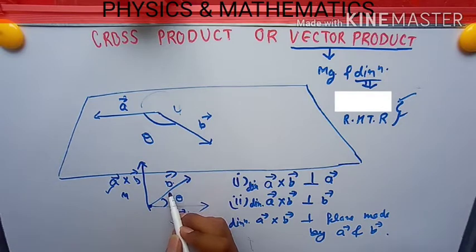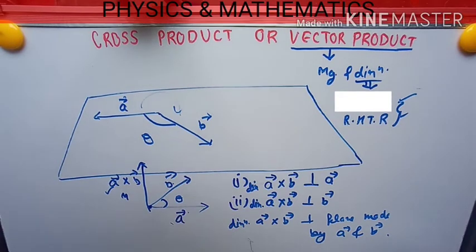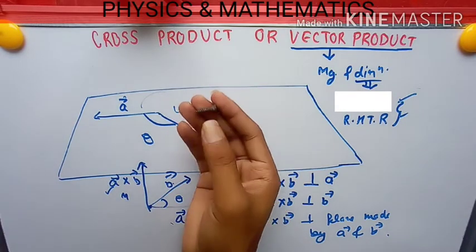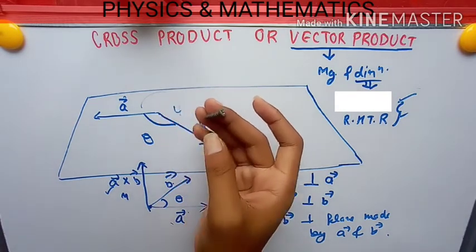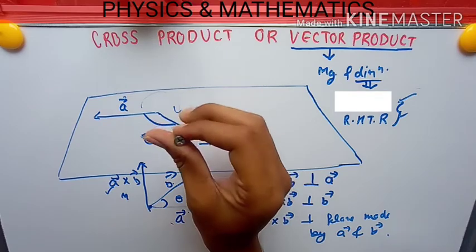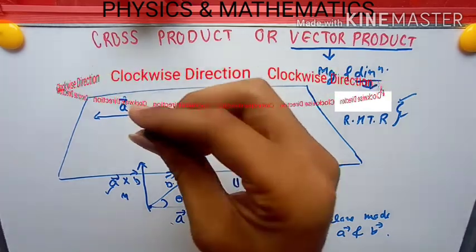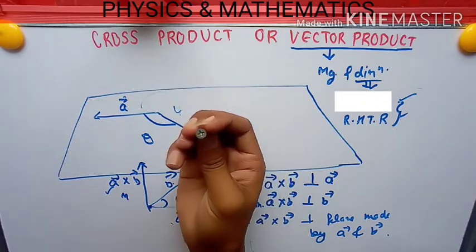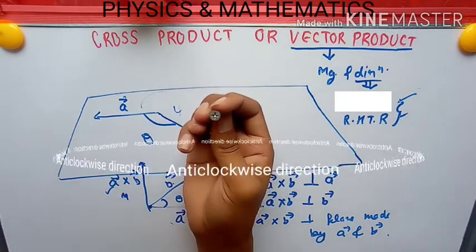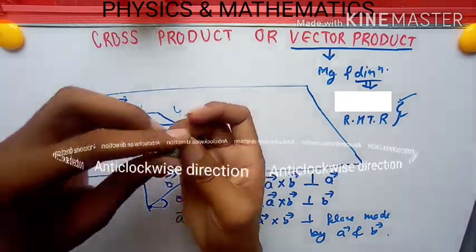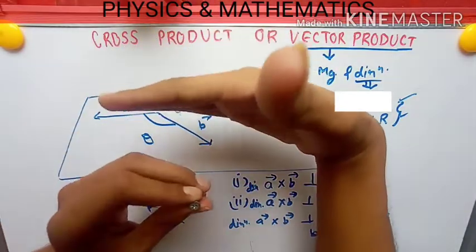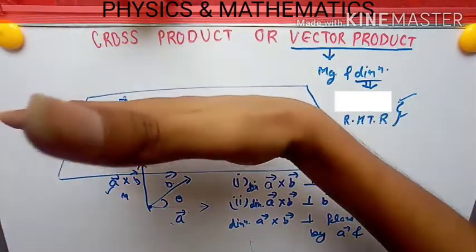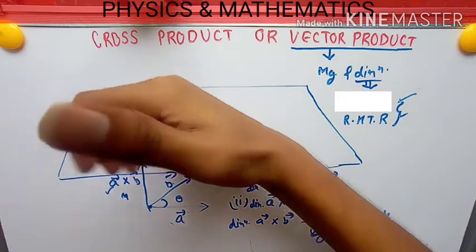Easy? Very good. I wanted to make you learn about the direction, so for that purpose I have taken a screw. When you rotate the screw in the clockwise direction, the screw goes inside the board, and when you rotate it in the anti-clockwise direction, it comes out of the board. Did you understand this? Okay, suppose this is my hand and I am rotating it in this direction.